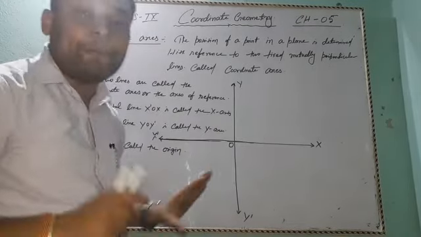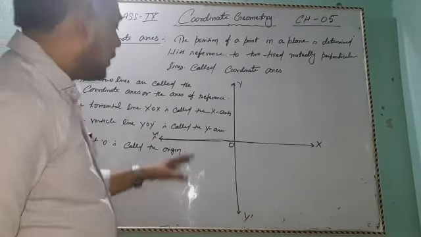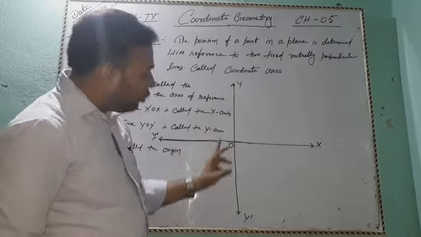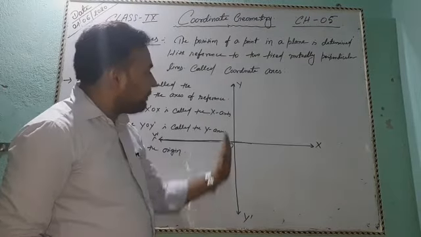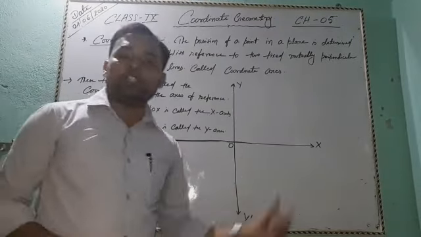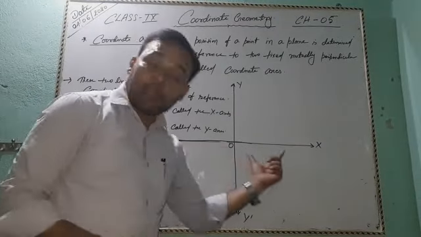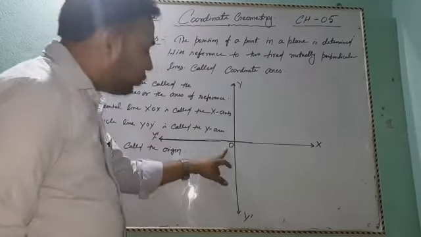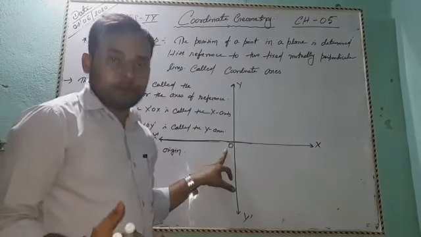The vertical line YOY' is called the y-axis, the horizontal line X'OX is called the x-axis, and the point O is called the origin.